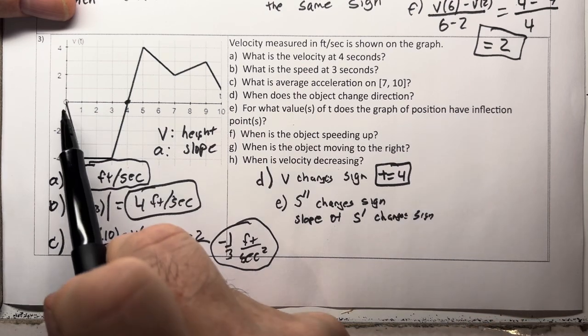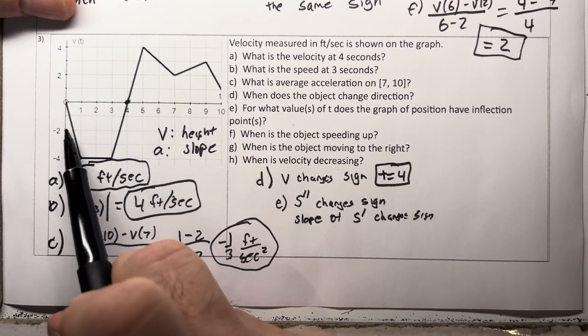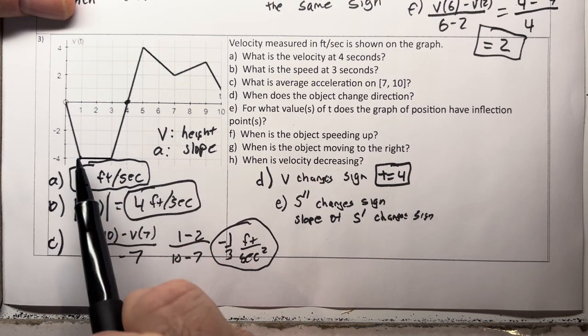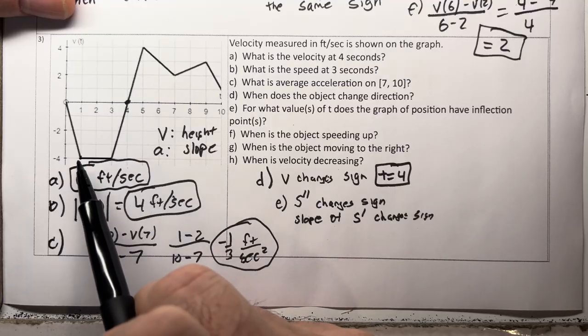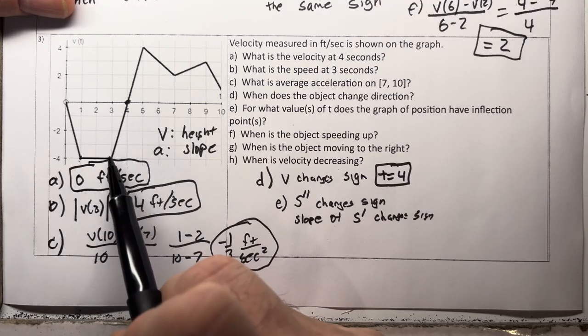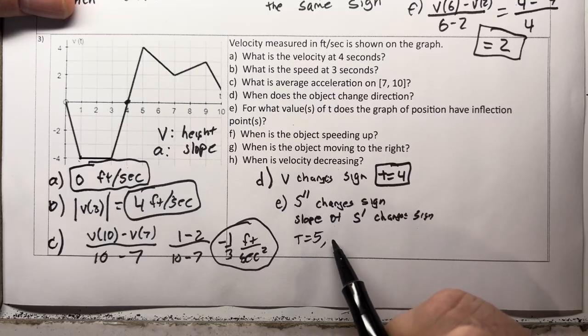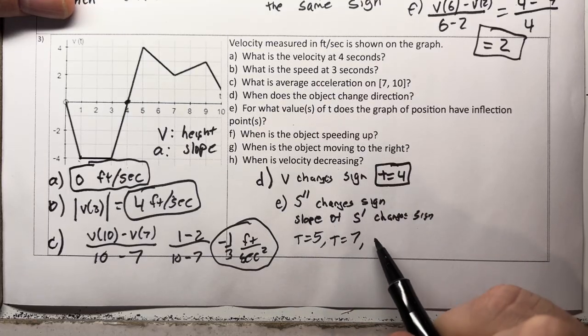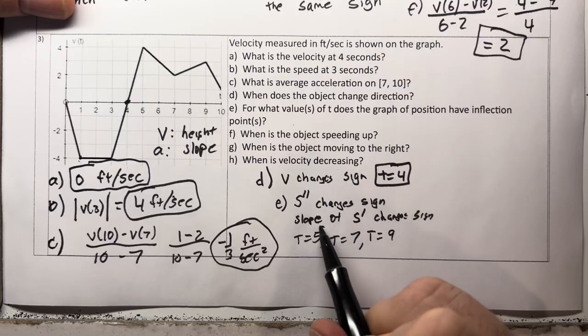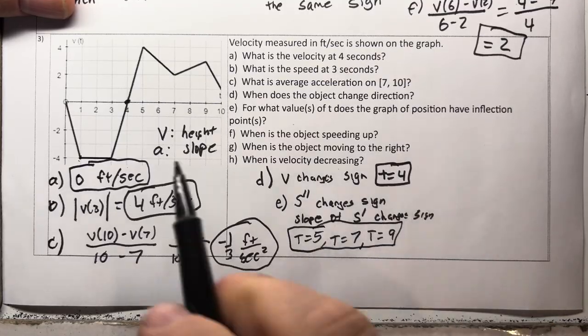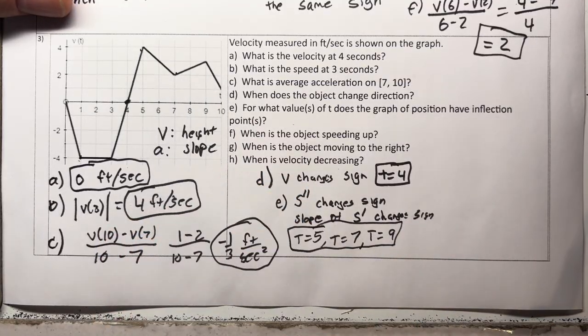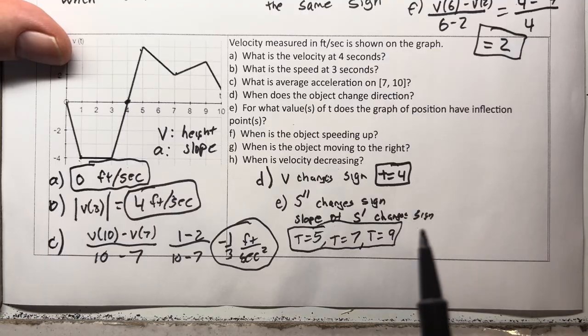And that's going to be not here, because it went from negative to 0, so it didn't change signs there. And here it went from 0 to positive, so not there. So here t equals 5, t equals 7, and t equals 9. That's here, here, and here.